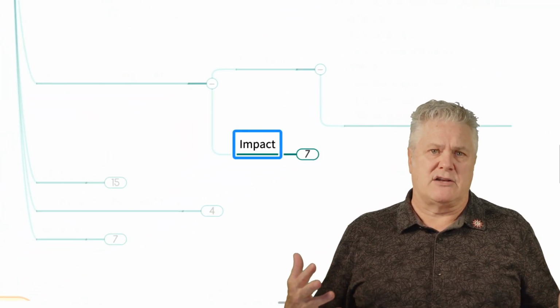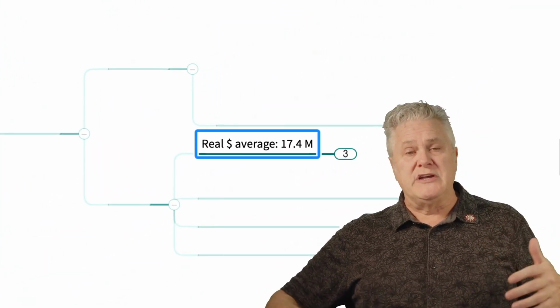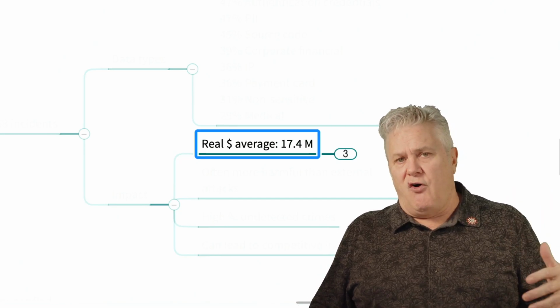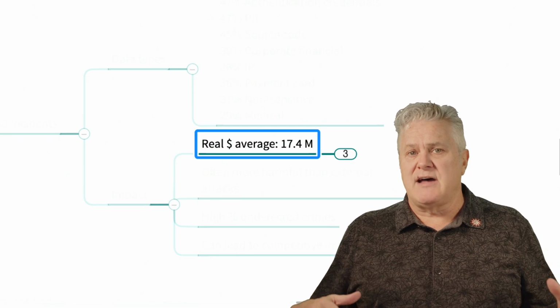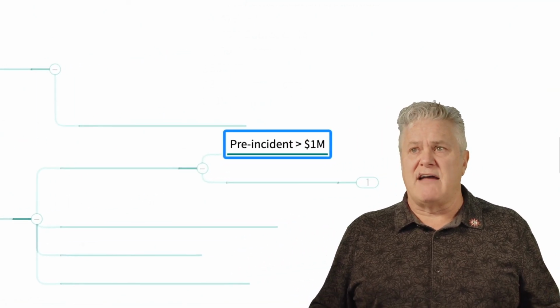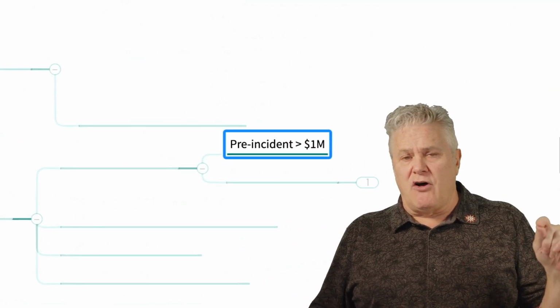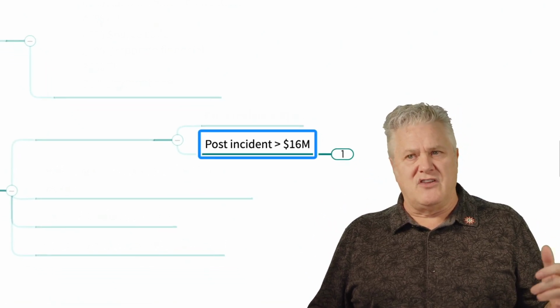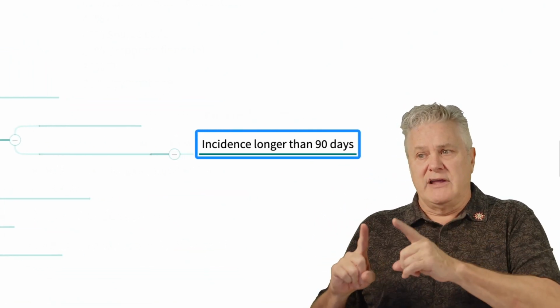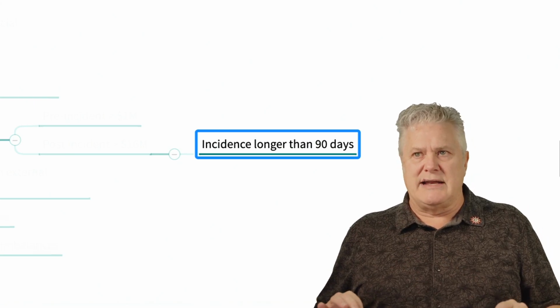What was the impact of all of these spills? Well, the real average dollar cost per organization was about $17.4 million in 2025. Pre-incident costs were around $1 million. Post-incident costs were around $16 million. That's for incidents lasting longer than 90 days.